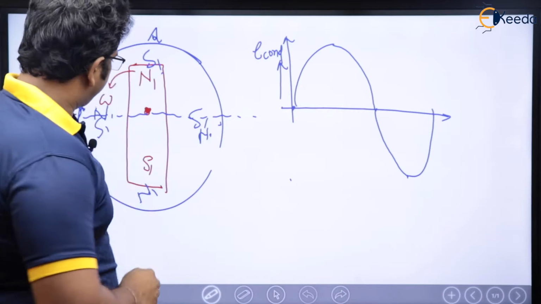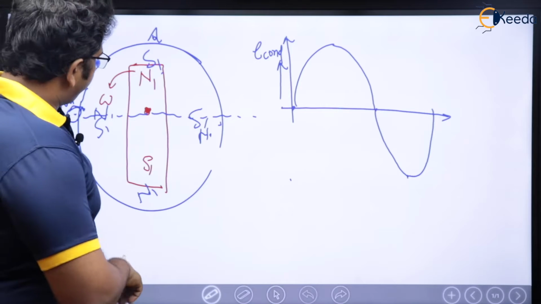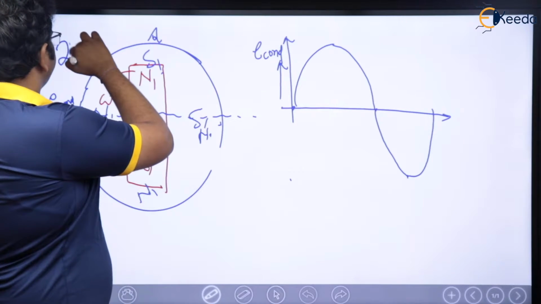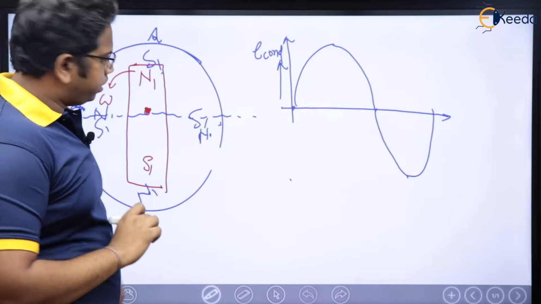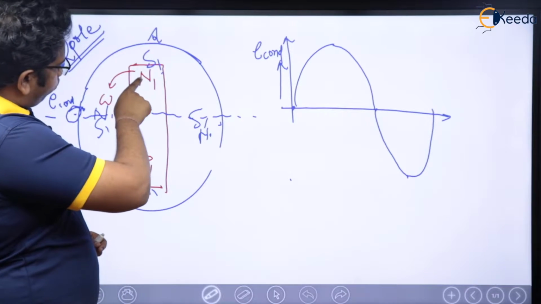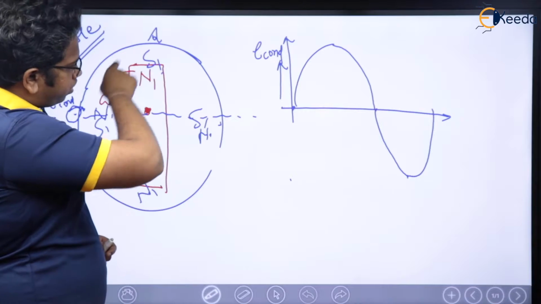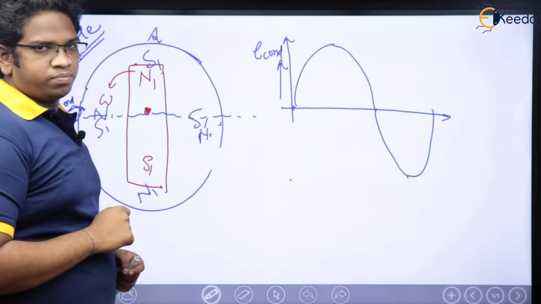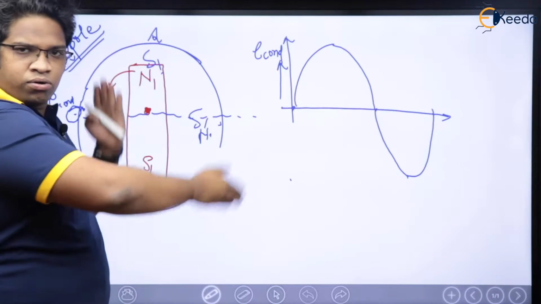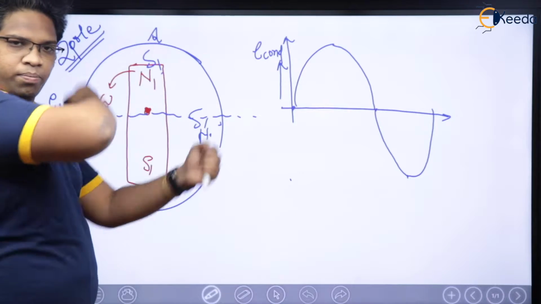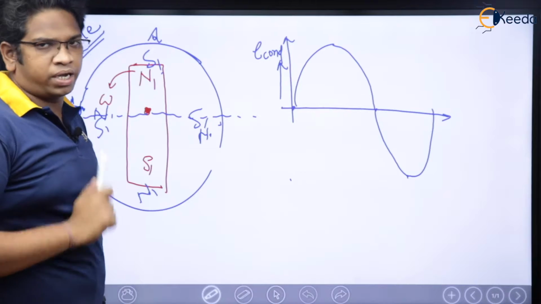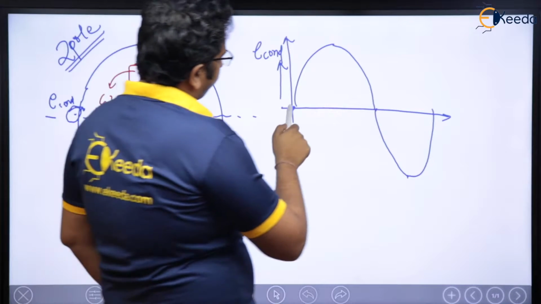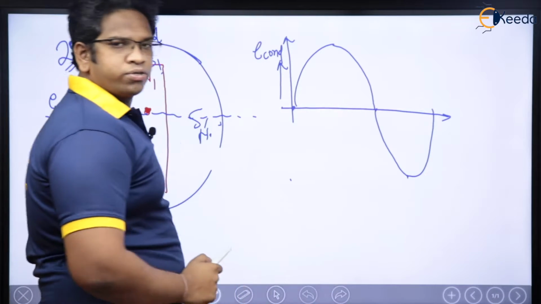So if you see what has happened here, for a two-pole machine, when my rotor poles complete one revolution mechanically, this is mechanical rotation, right? When my two poles complete one revolution mechanically, electrically one cycle of induced EMF is produced.